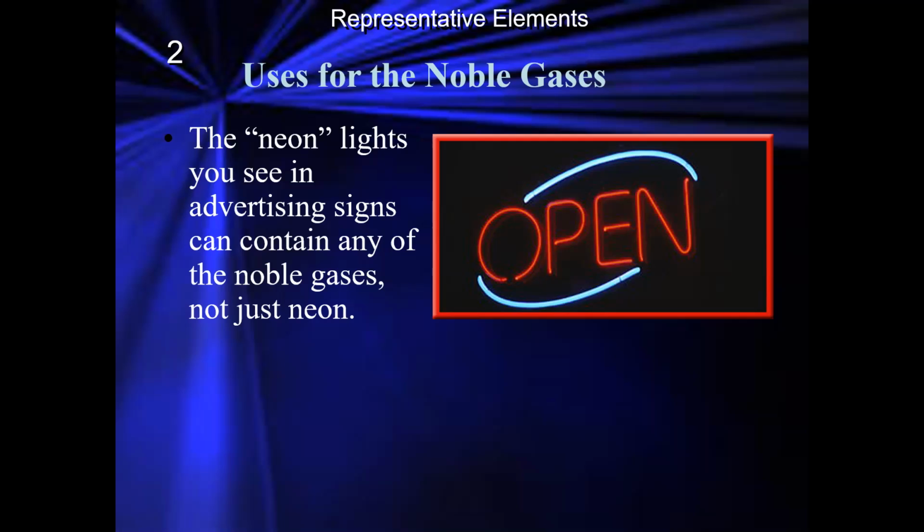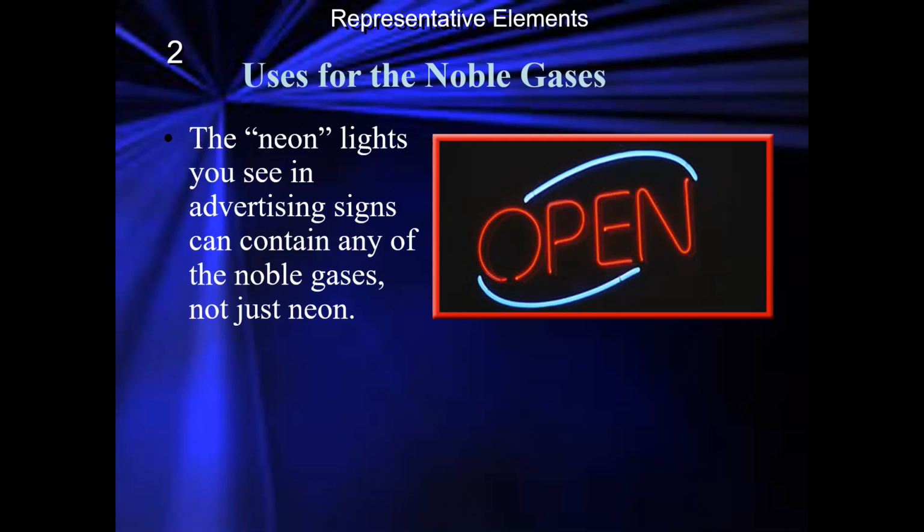So uses for the noble gases are the neon lights, as you see in advertising signs, which can contain any of the noble gases, not just neon. They are named neon lights, but it can be any noble gas other than neon.